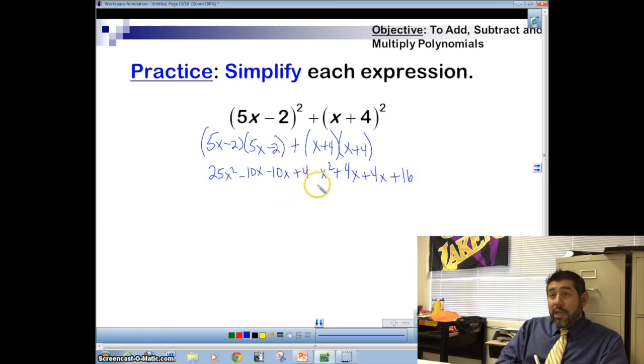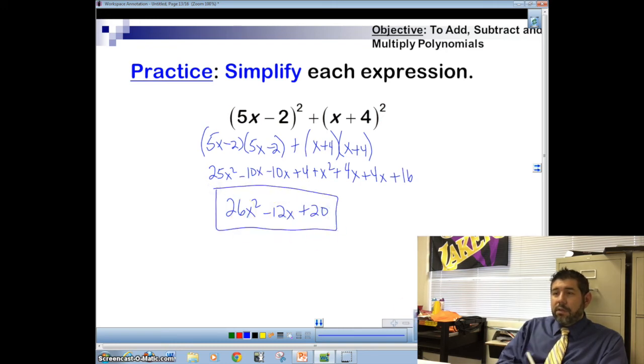Add all the like terms together. Oh, I missed a plus there. Okay, so we got 26x squared, negative 20 and 8 is going to give me negative 12, and 20. Okay, well there's our answer for that one.